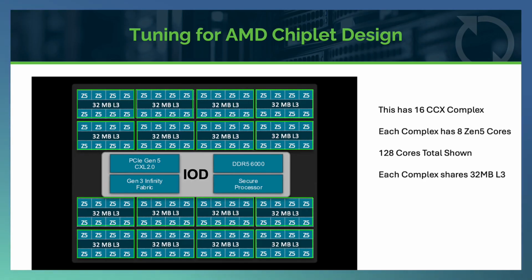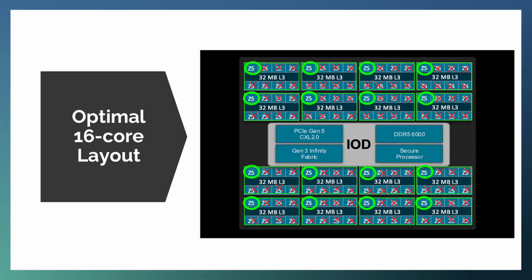Now, the reason it matters is that when you're running a job, each one of these green boxes is kind of a little chip. Let's say we want to run a 16-core job. Well, the optimal way to run 16 cores out of the 128 here is to have one core run on each of those little 8-core chiplets. And the reason for that is you get maximum memory bandwidth.